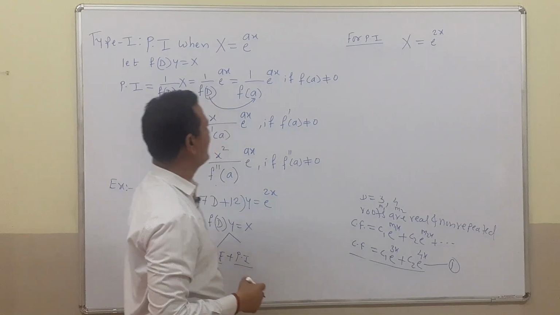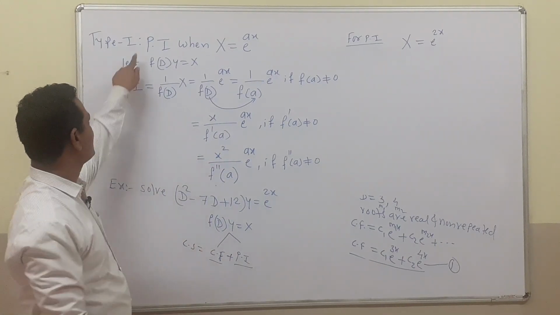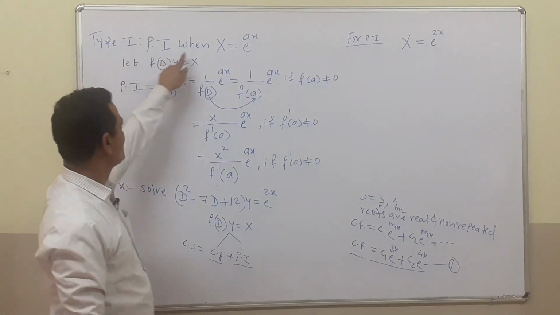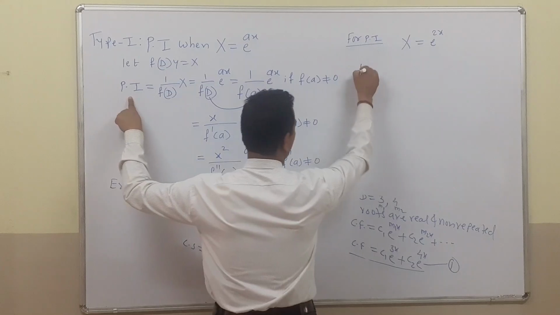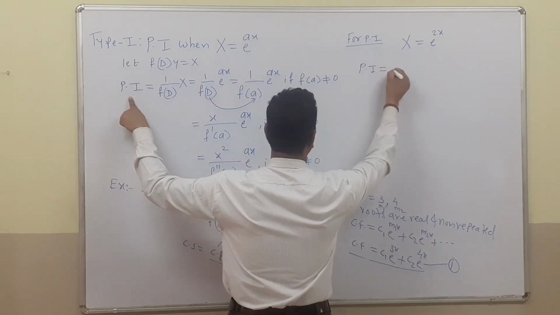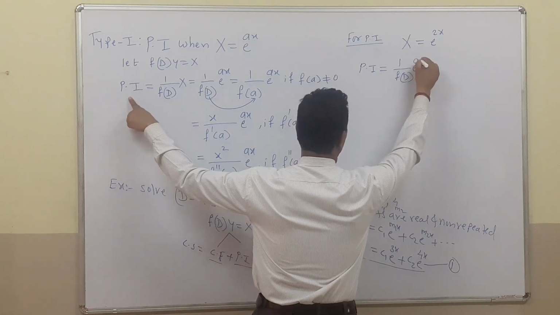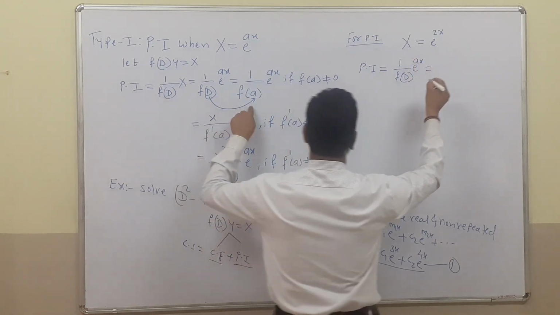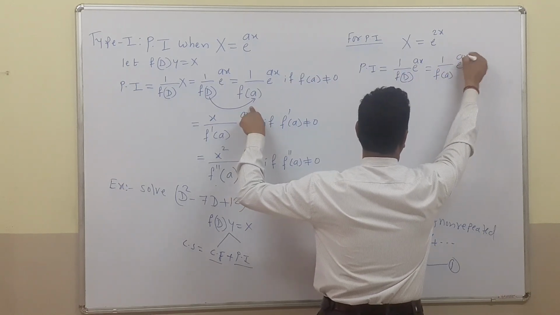So if this is an exponential function, then the method of finding the particular integral of such an equation is: when capital X is equal to e raised to ax, then the particular integral is 1 upon f of d, e raised to ax. This formula says 1 upon f of a, e raised to ax.